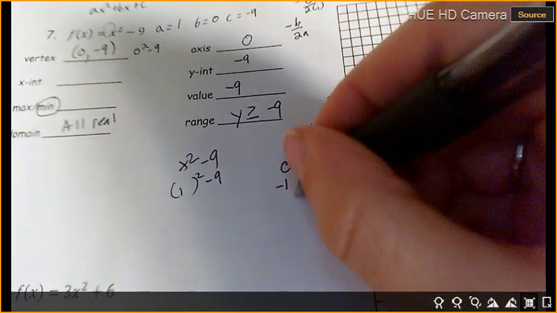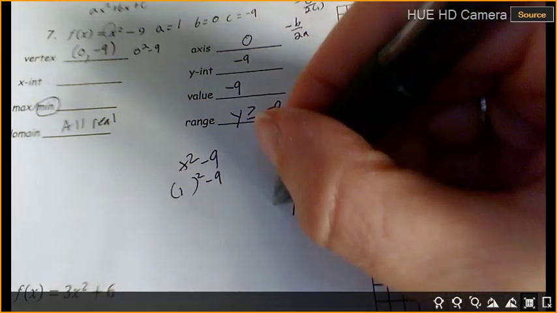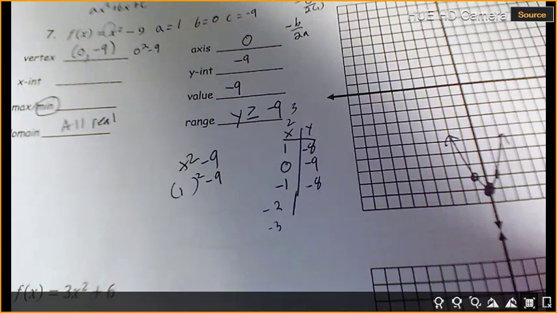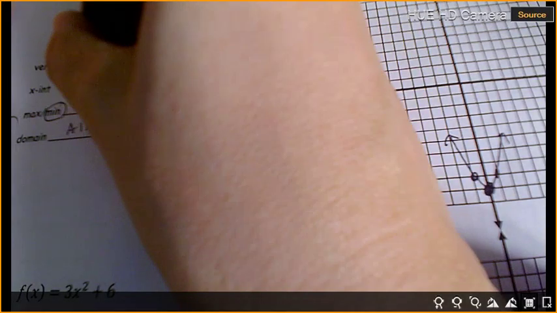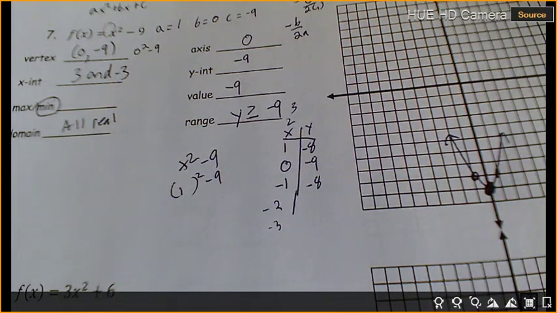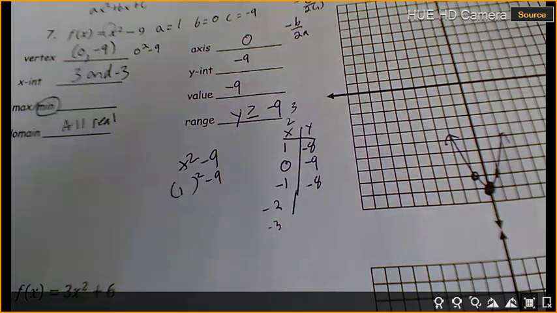You could go 2 and -2 and 3 and -3, and guess what? It's 3 and -3. That's where it will cross. We're going to talk about how to do it easier next week. So if you leave the x-intercept, if you don't know those, we'll go over how to do them. If you skip that one on all of these, I'm fine with that.